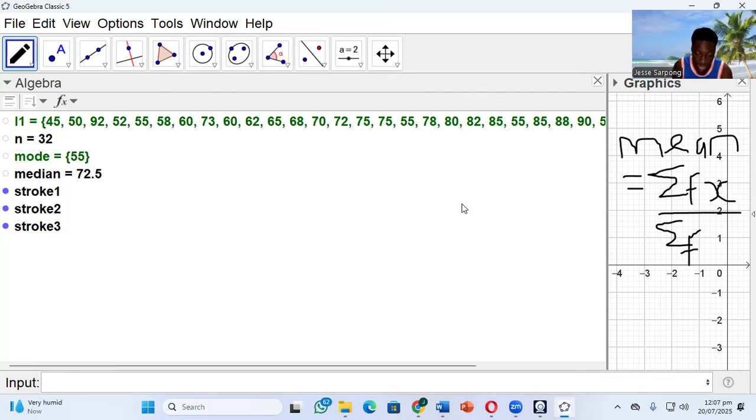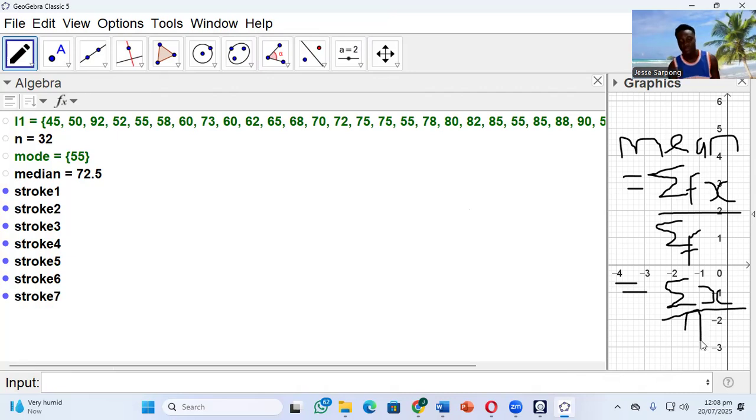But since we don't have the frequency, the other way we can find the mean is that the mean will be equal to sigma x all over n.